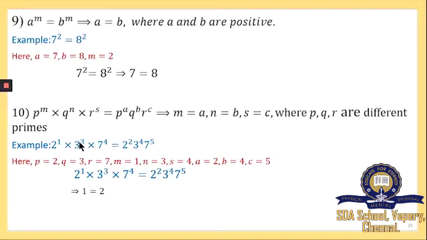So n value is 3 and b value is 4. So when you equate, you will get 3 equals 4. And the next is s equals c. So here s is 4 and c is 5. So when you equate, you will get 4 equals 5. That's it. So we have seen how to solve examples using the laws.